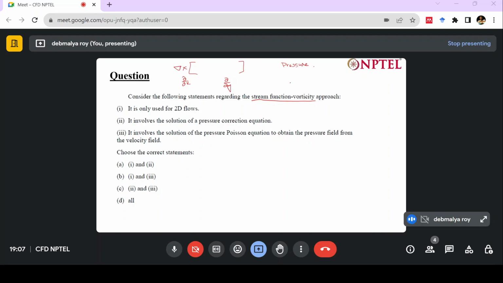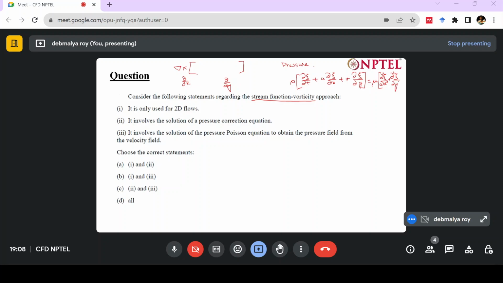What you will get is basically a transport equation for the vorticity itself. It will look something like this. This is basically a convection diffusion equation for the vorticity.